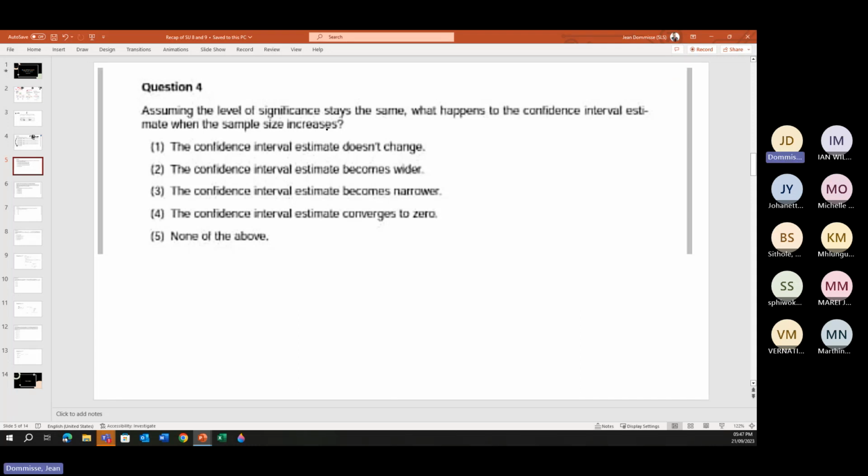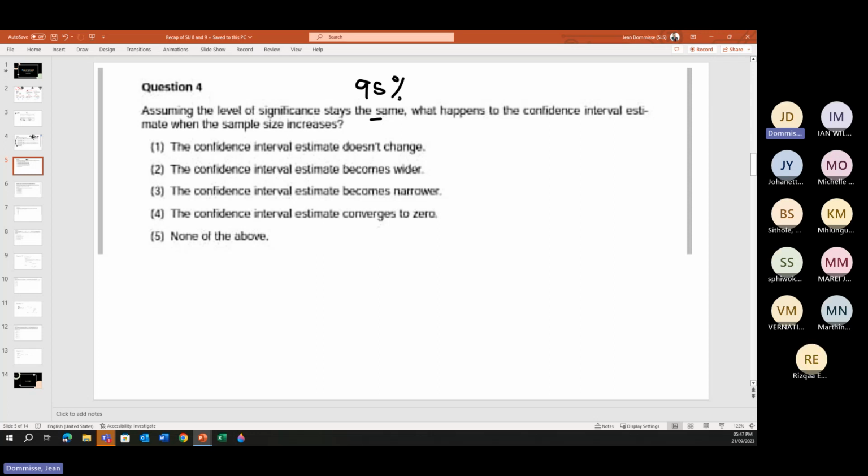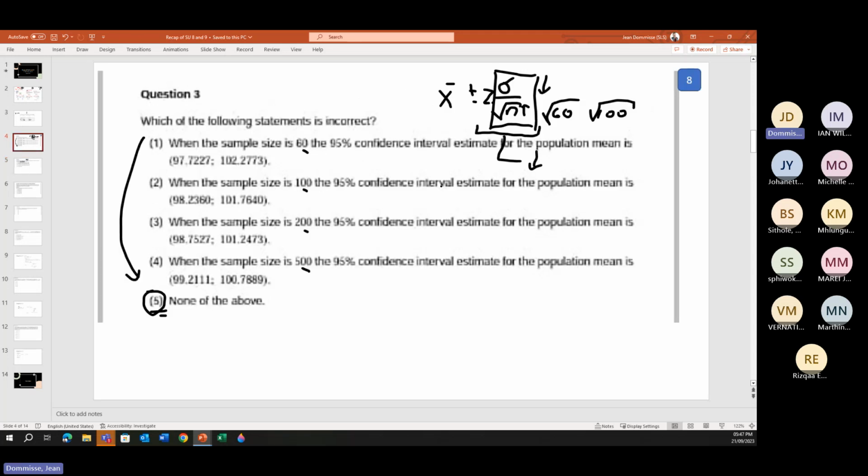Assuming the level of significance stays the same, like we had in the previous question, the 95%, what happens to the confidence interval estimates when the sample size increases? Okay, so as sample size increases, the confidence interval becomes smaller.